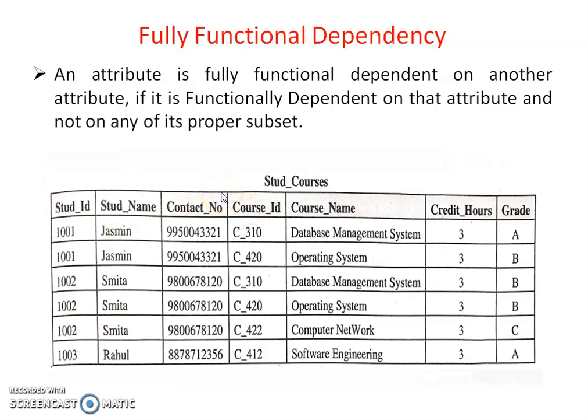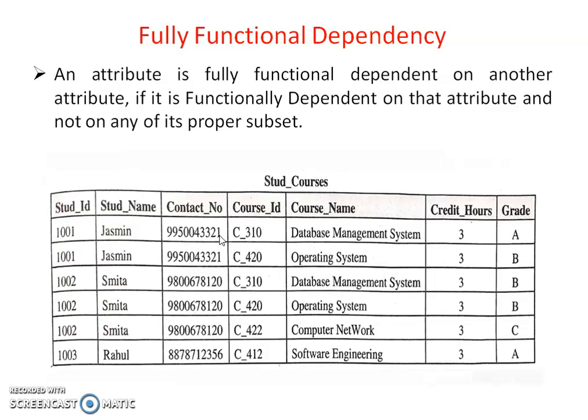On the other hand, the student name and contact number attributes are not fully functionally dependent on the primary key. Why not? Because only a part of the primary key, namely student ID, is needed to determine both student name and contact number.